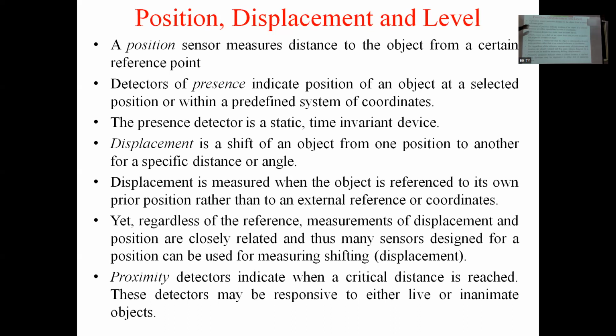Similarly, in case of a displacement type of sensor, regardless of reference position, the position sensor has a fixed reference point. But in case of a displacement type of sensor, it will measure when the object is referred to its own prior position, rather than to an external reference.